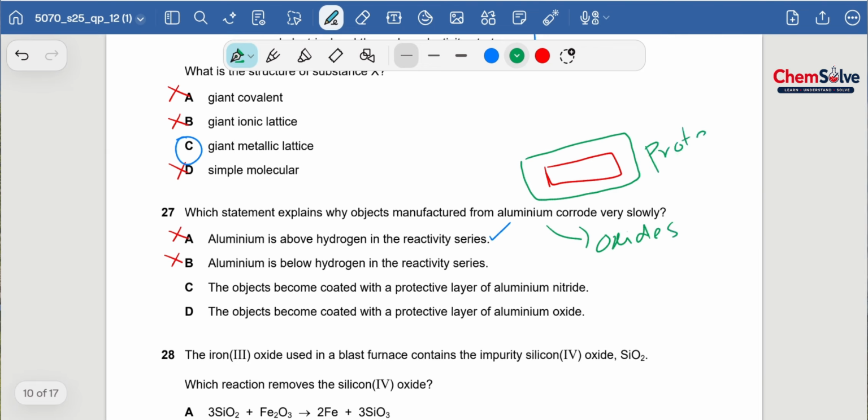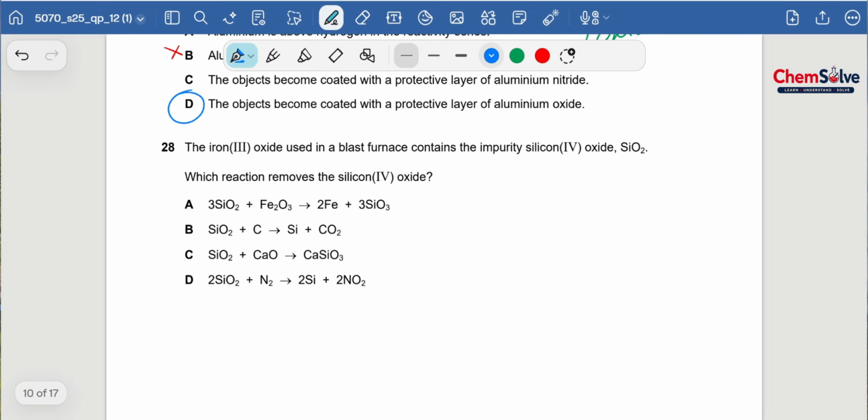Protective layer, which prevents it from further reaction with water or atmospheric oxygen. So the correct option is D in this case.